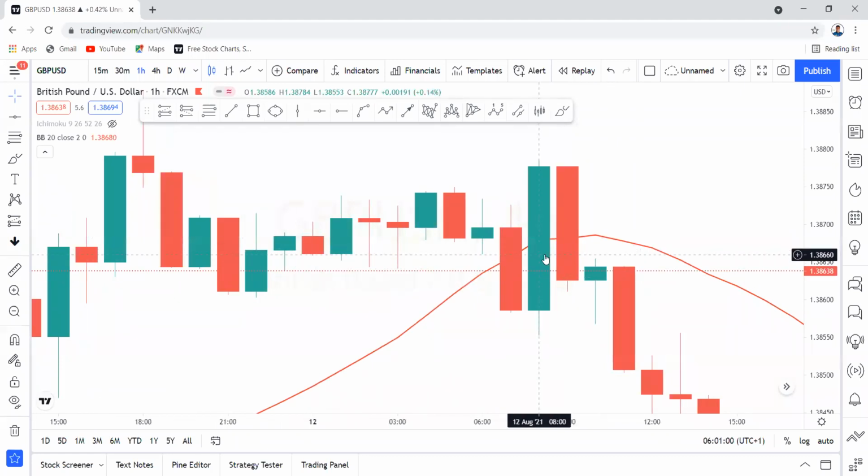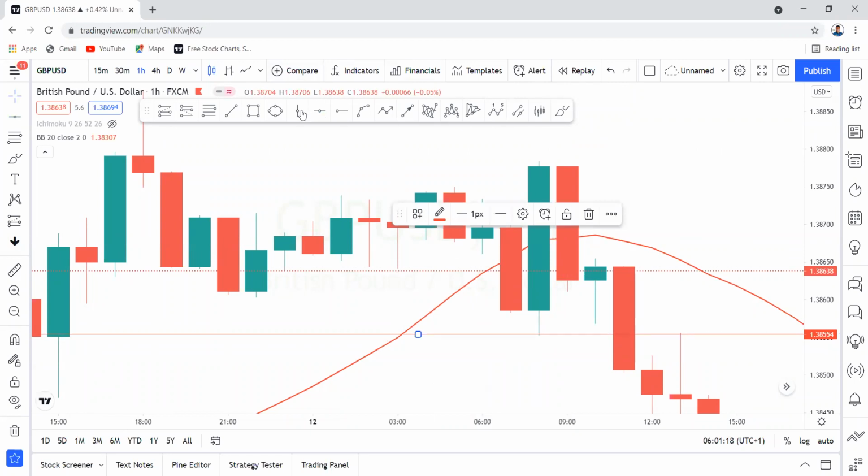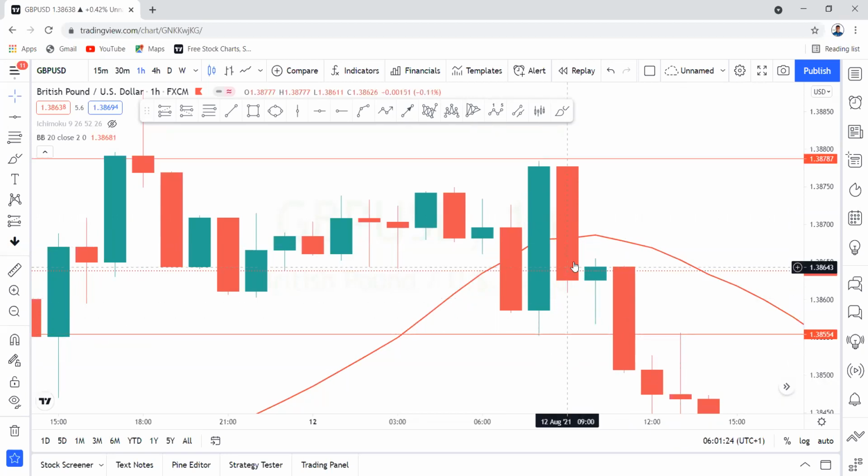If you find this candlestick at a resistance area, you are looking out for a sell. But if it plays out to be a continuation, it's going to be a buy. Remember, I've given you how you trade this particular candlestick. You take the high and the low, and you watch what is going to happen.